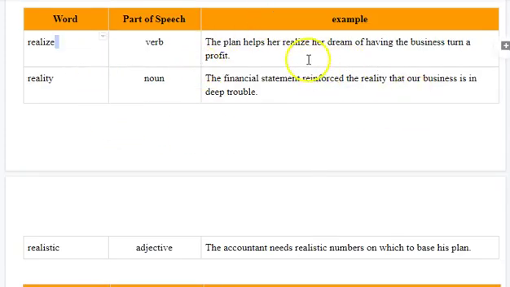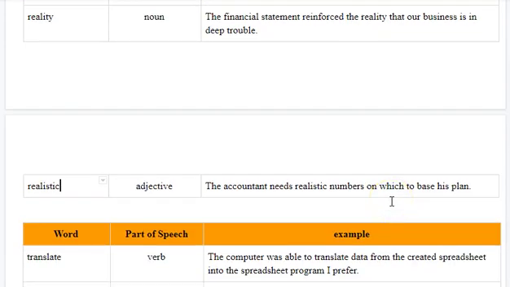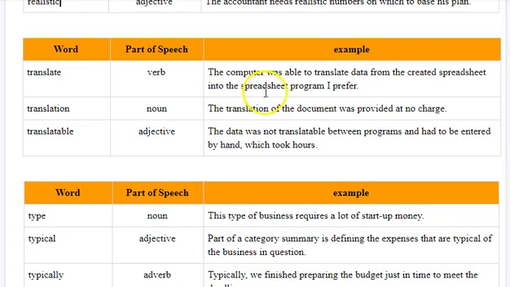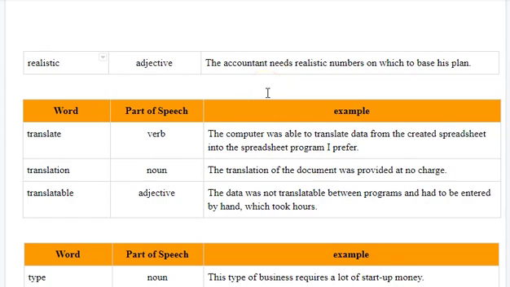The plan helps her realize her dream of having the business turn a profit. Reality, noun. The financial statement reinforced the reality that our business is in deep trouble. Realistic, adjective. The accountant needs realistic numbers on which to base his plan.